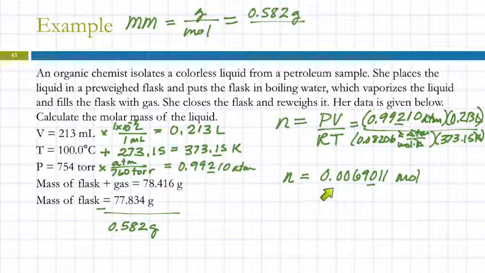It's important to remember that leading zeros are not considered to be significant figures. So we should not call the 6 the last significant figure because those leading zeros don't count. So there's my moles. I can plug that in up here. 0.006911 moles.